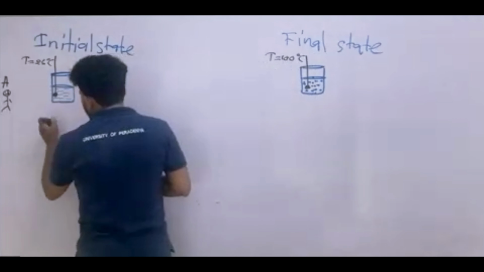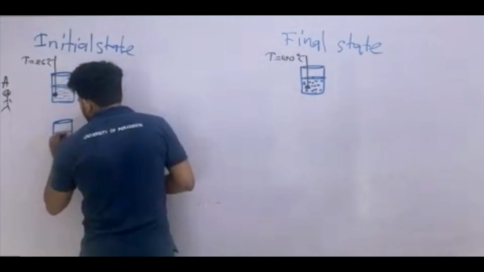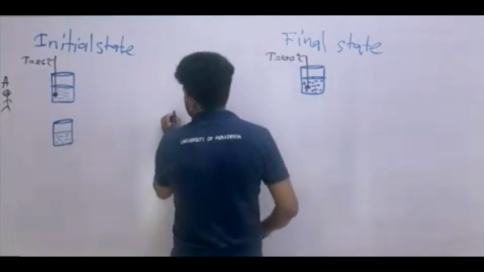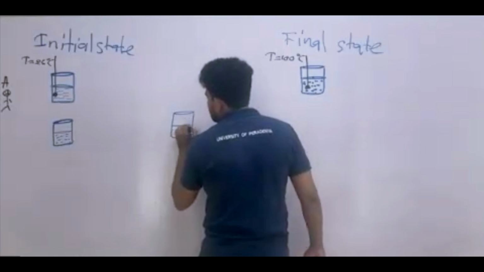Then there's another guy, person B, who is also doing an experiment and also measures the temperature. Here there's another state which is called the intermediate state.